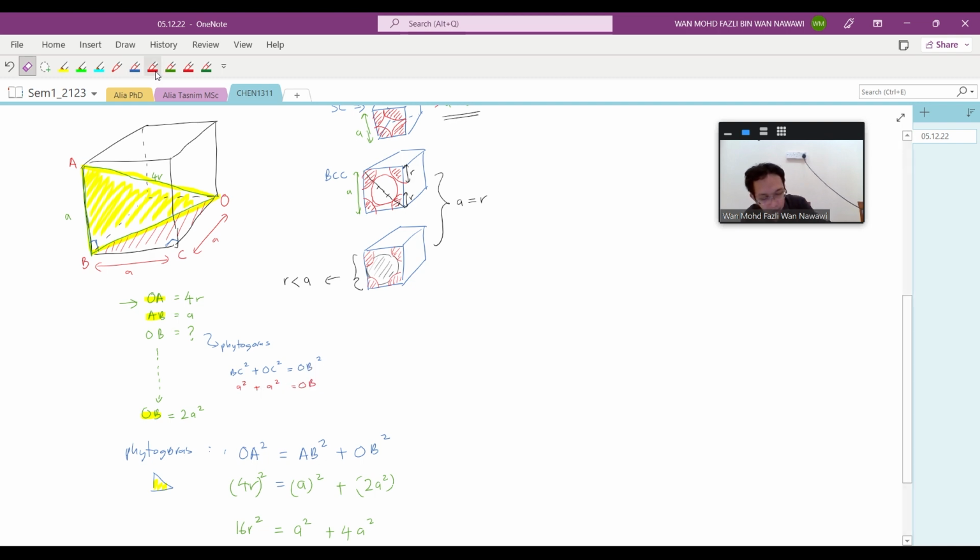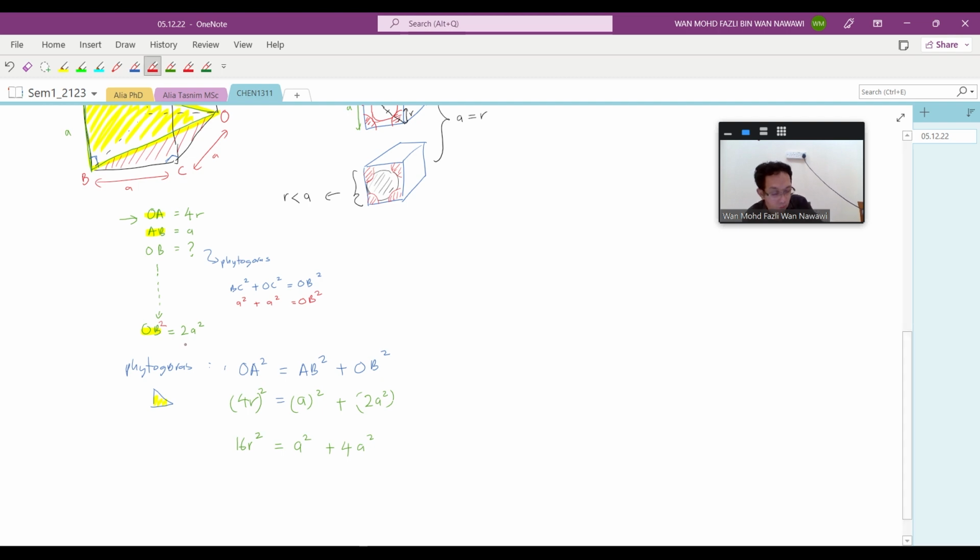OB squared is already 2A squared, so it should be just 2A squared here. So now it is basically 16R squared equals A squared plus 2A squared, which is 3A squared. So what you get now is 16R squared equivalent to 3A squared.